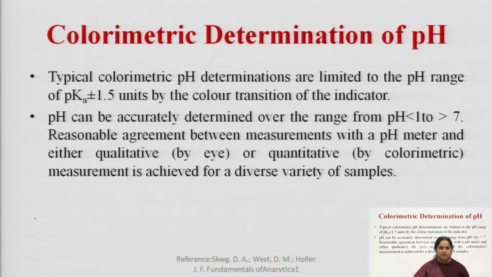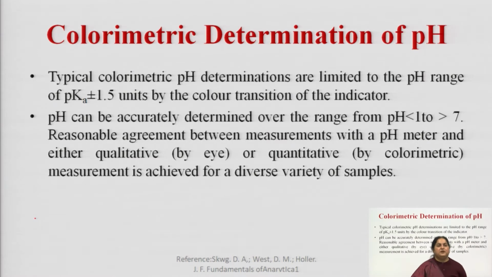It is not generally used nowadays, because the pH meter is more sensitive, and the digits after the decimal point are more accurate in comparison to the colorimetric determination of pH.